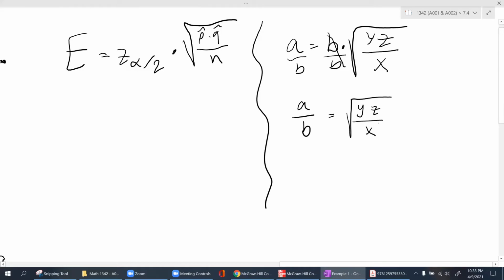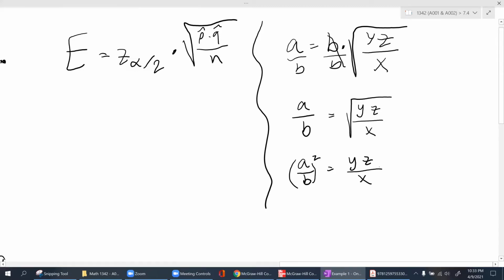So how do I get rid of the square root? Yeah, you square both sides. So I'm left with a over b squared is equal to yz over x. All right, what shall I do next?